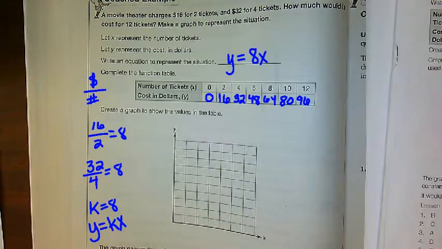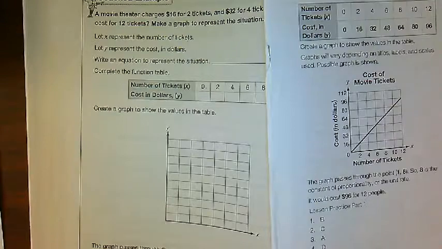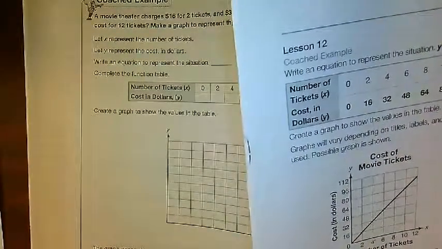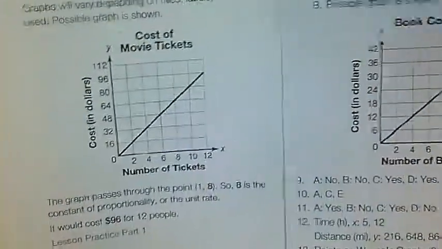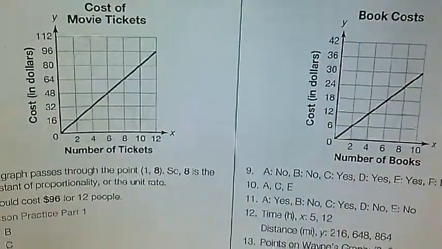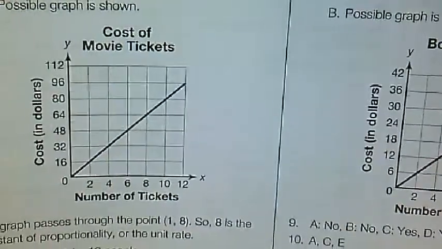And then what I'm going to do is I'm actually just going to lay my graph right over here. Okay, so on your graph, this is what it should look like.